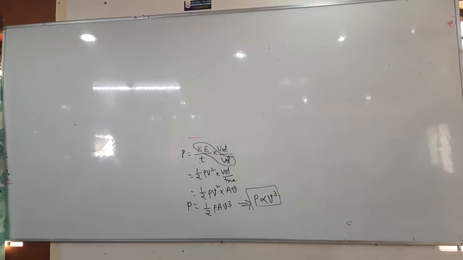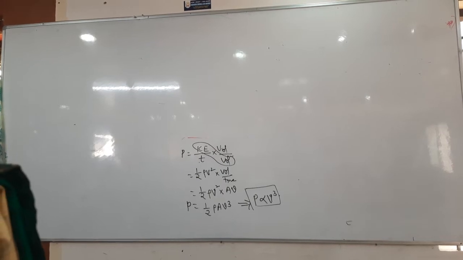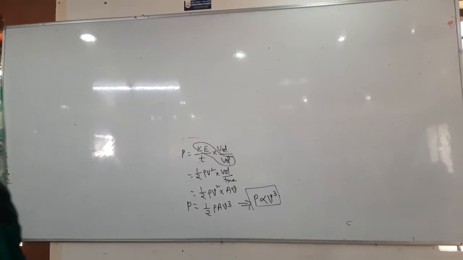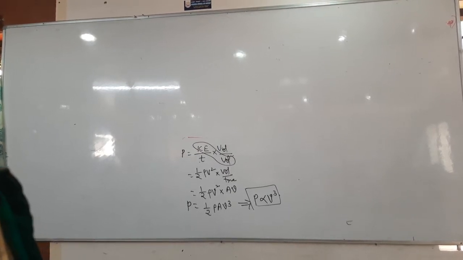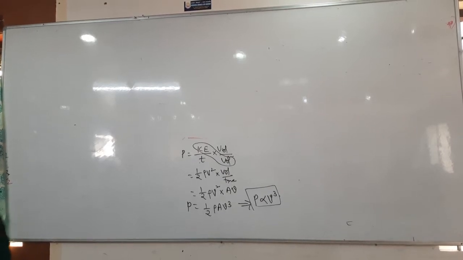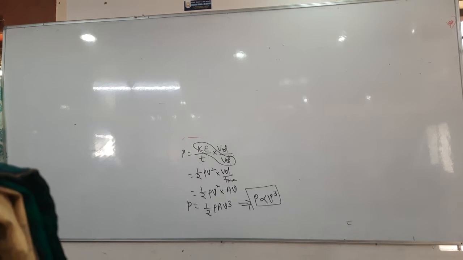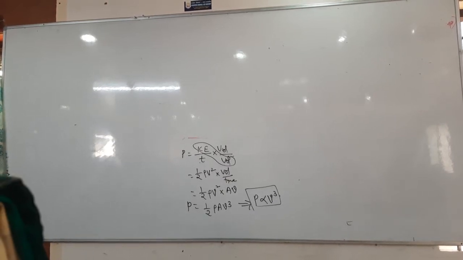The speed of liquid at A is 10 centimeter per second. Then calculate the difference in pressure at A and B. This problem you can solve later.